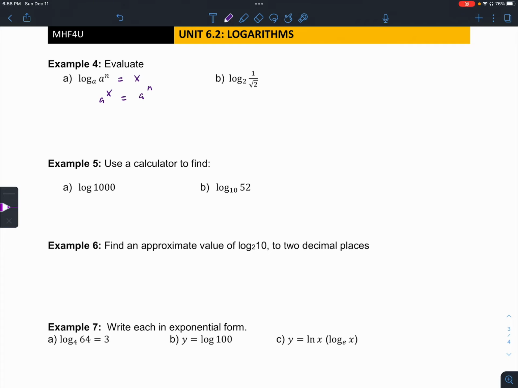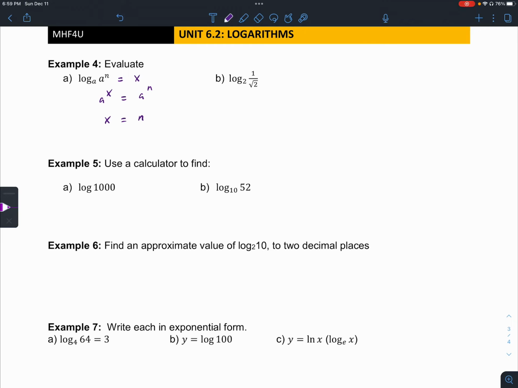Now notice we have the same base on the left side and right side. We can drop the bases and get x is equal to n. And so that's what we get when we evaluate this. We just get n.